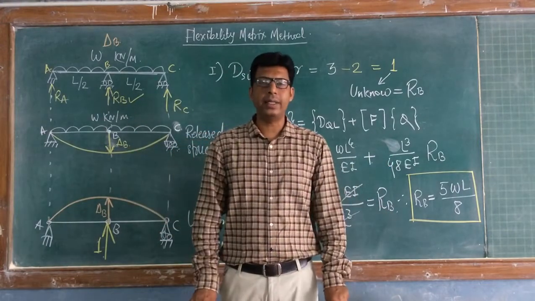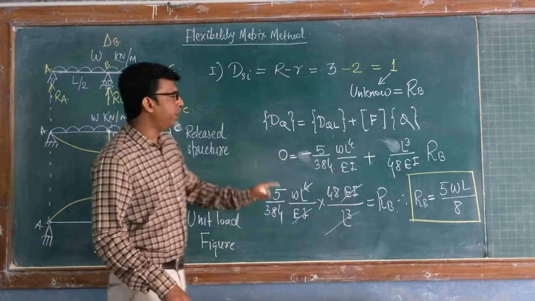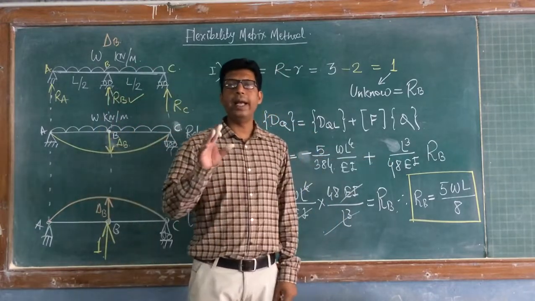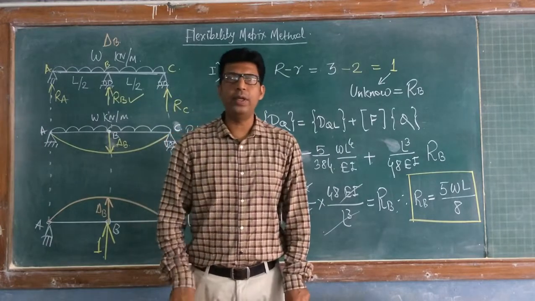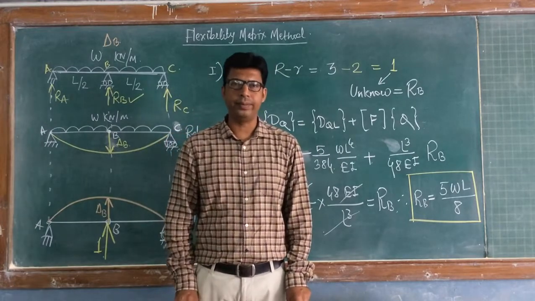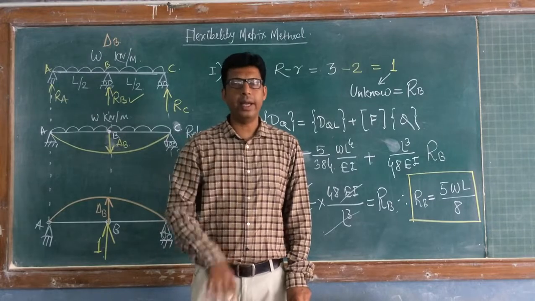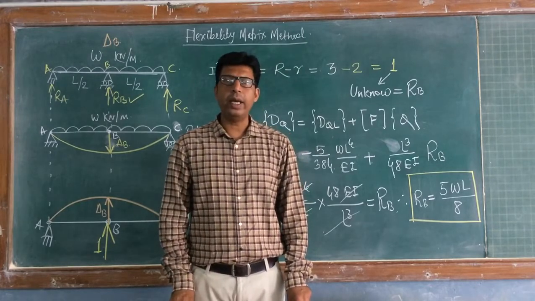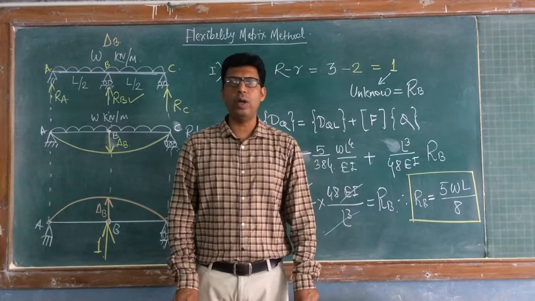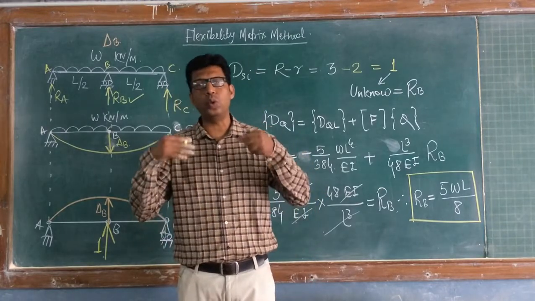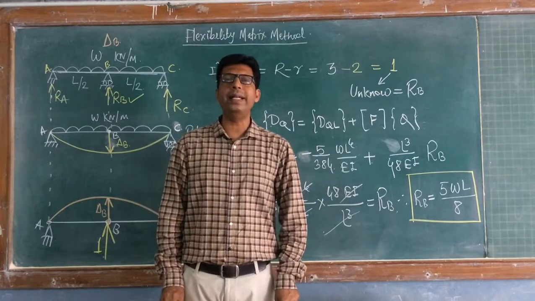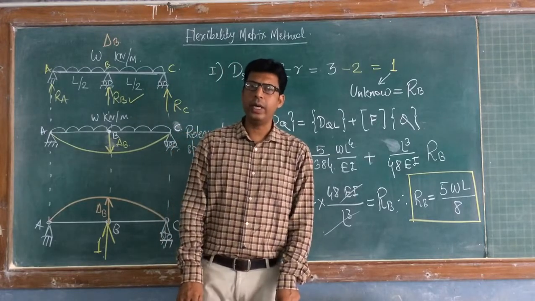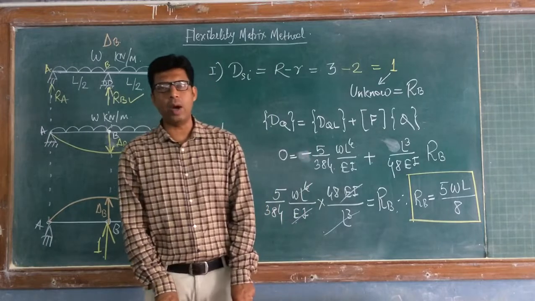But if the release structure has combined loading and is not a standard case, we have to find these elements DQL and Fij using the integration formulas which we discussed in the last class. In the next lecture we will solve one more numerical example, in which the release structure will not be the standard case, and show how to implement the integration formulas to calculate all these elements.